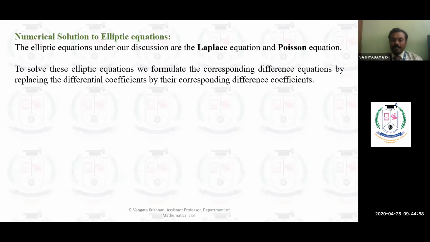To solve the elliptic equations, we first change the given PDE into a difference equation.